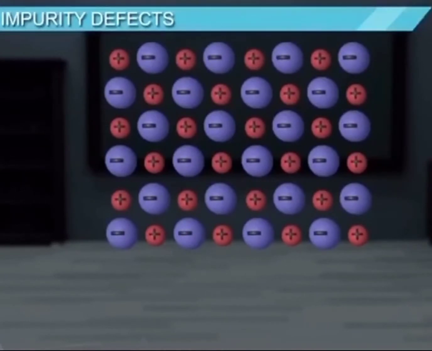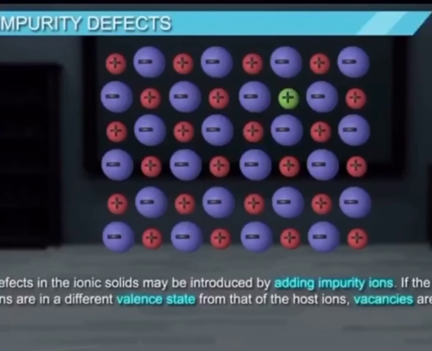Impurity defects. Introduction of defect in a crystal by adding an impurity is called impurity defect. This phenomenon is known as doping and the crystal is known as doped crystal. The defect in ionic solid may be introduced by adding impurity ions having different valence state as compared to the host one. As a result, a vacancy is introduced in the solid crystal.